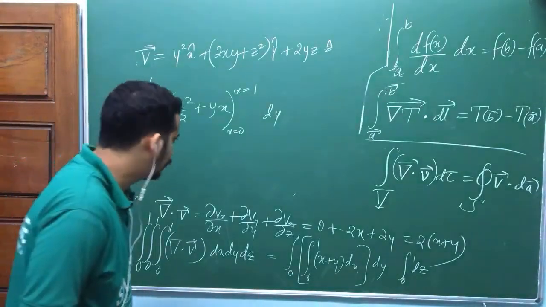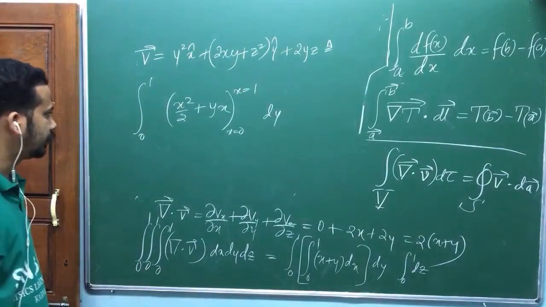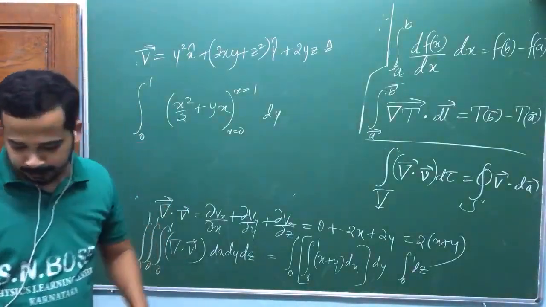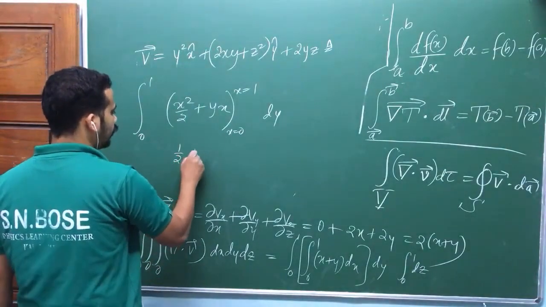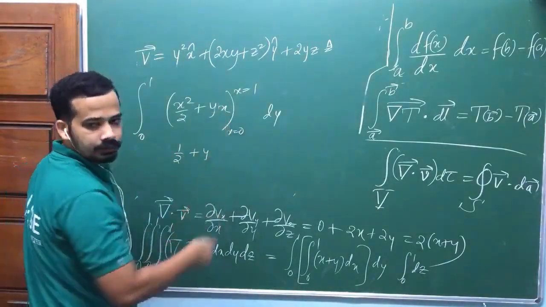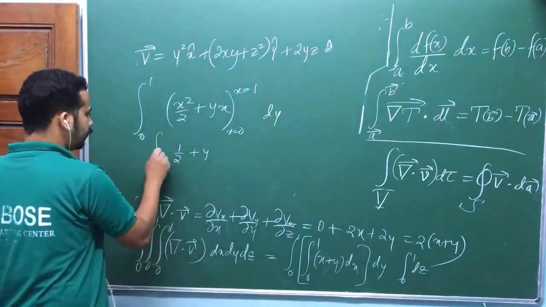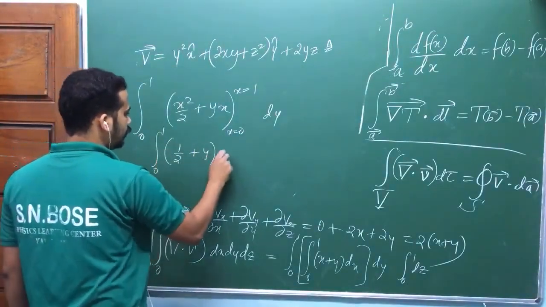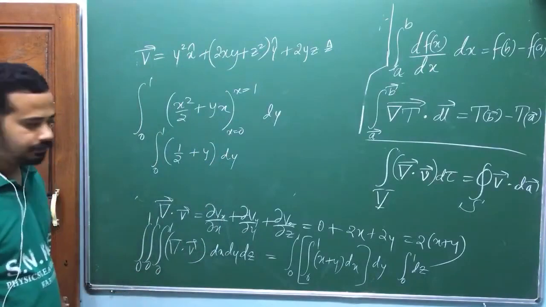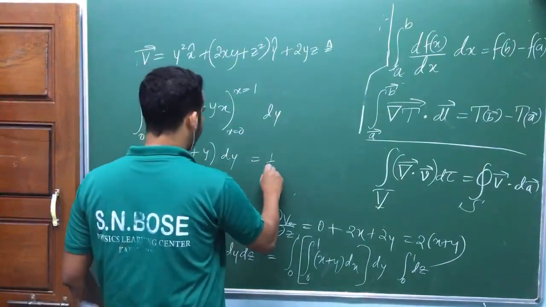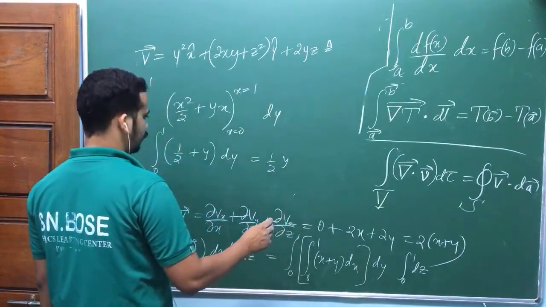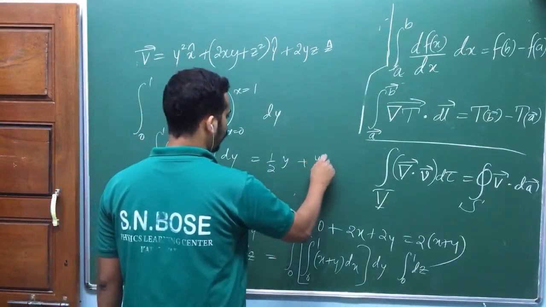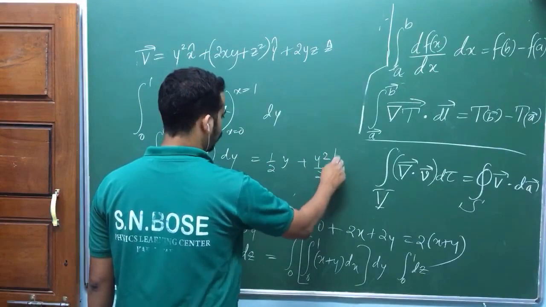Sir, 2 is coming. 1 by 2, this is 1 by 2 plus y into 1, am I right, when you substitute x. So again you have to integrate 0 to 1 dy, isn't it? So that's equal to half into y running from 0 to 1 plus y square by 2 running from 0 to 1.